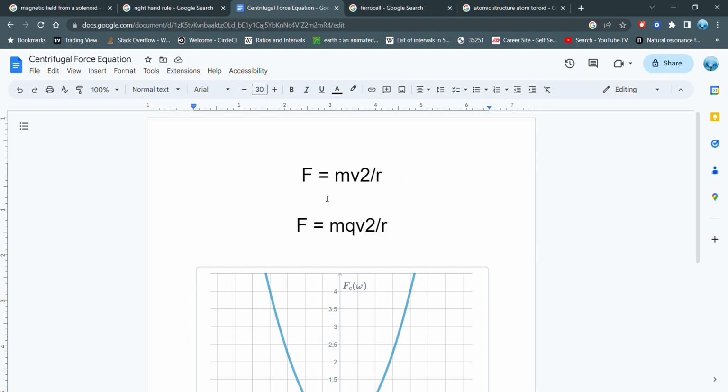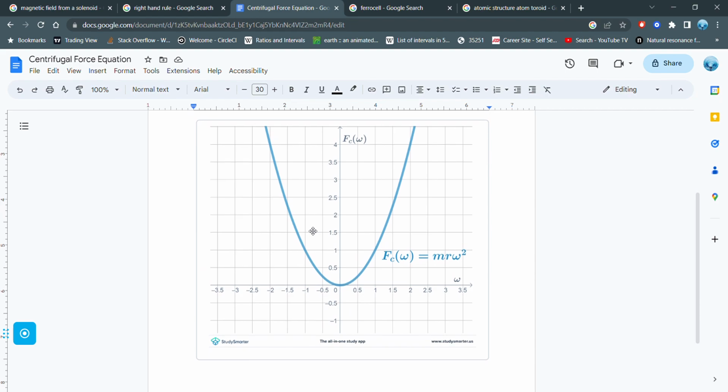This can be represented as F equals mv squared over r, or F equals mqv squared over r, as any charge moving that has a mass with a certain velocity around a certain radius is exposed to the centrifugal force as well. Here is an equation showing the exponential relationship between force and omega, or force and velocity. What's important to note here is that with a linear change in velocity, there is an exponential output of force.